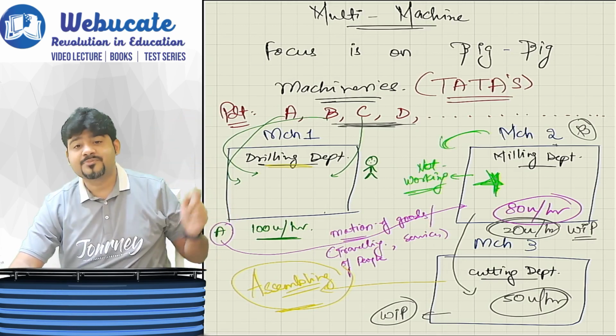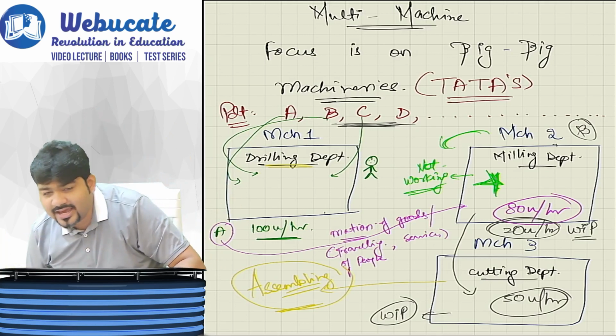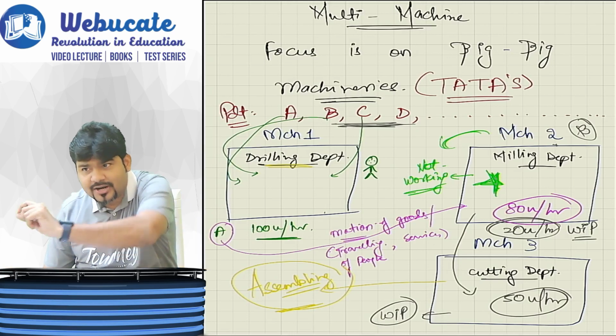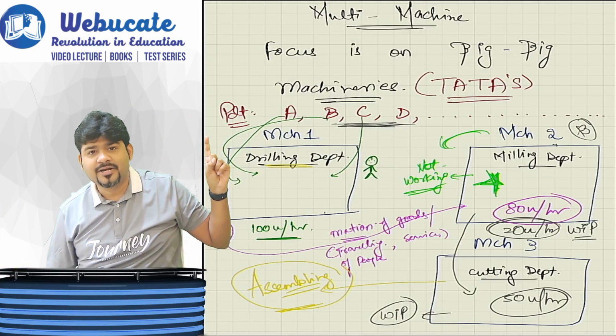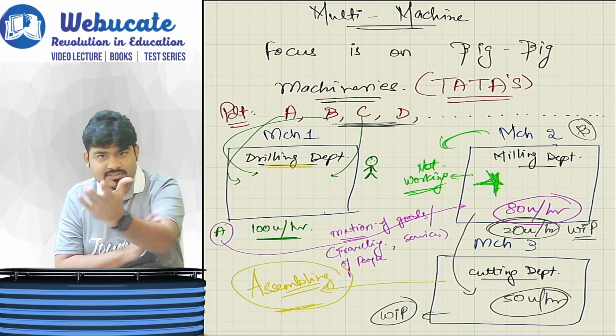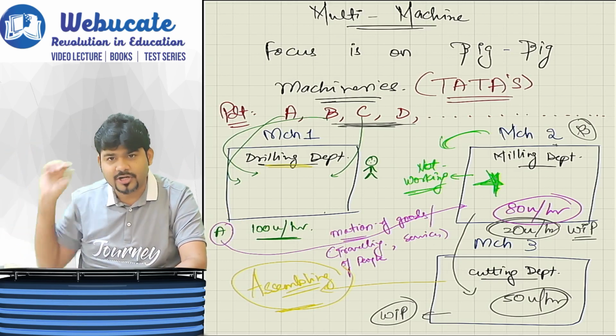Now, if this machine is not working, do you know what will happen? All the products A, B, C, D to Z, so many products we produce, all of those products will get stuck. Sir, why? Because every product needs milling, but that milling machine, that department, has gone for a toss.